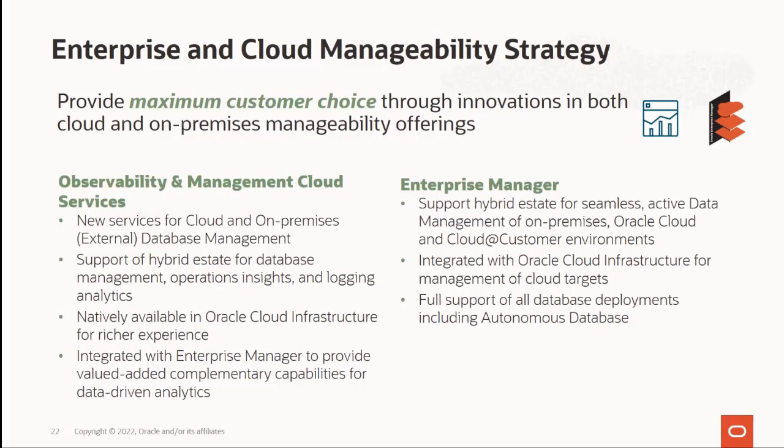In this context, we are talking about database management, which caters to cloud databases and on-premises databases. We also refer to them as external database management. We've seen that this service allows you to have hybrid capability in terms of managing databases that are on-premises and also in the cloud, providing a single fleet-wide view.